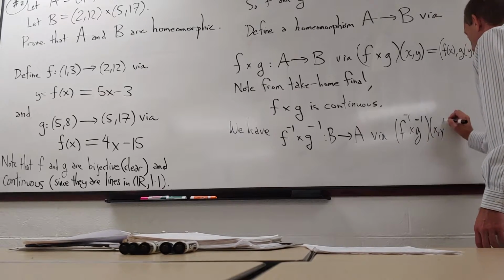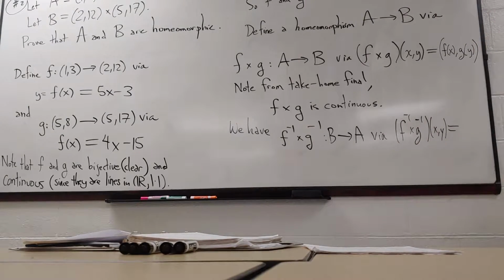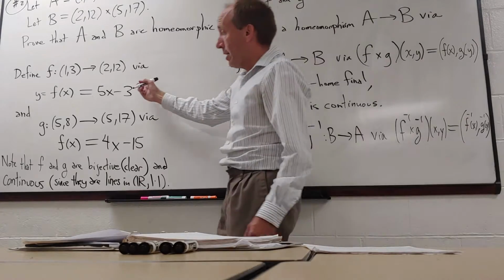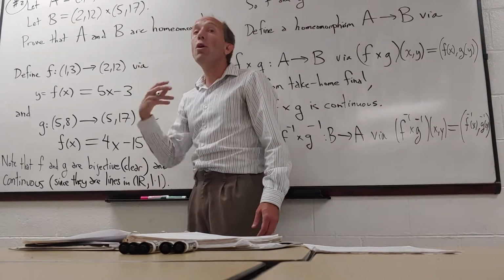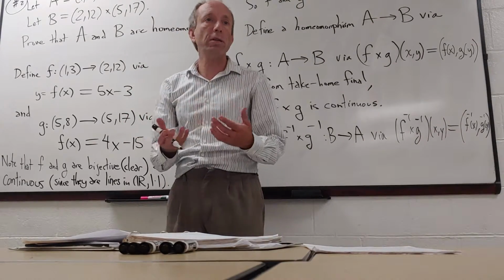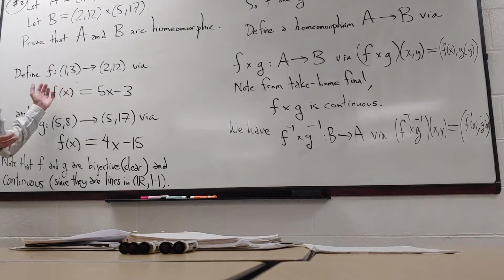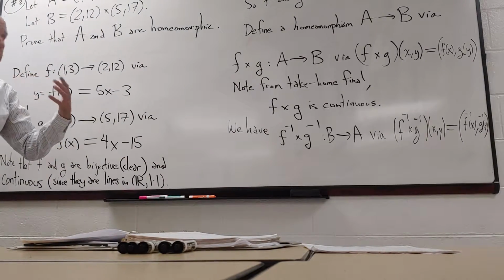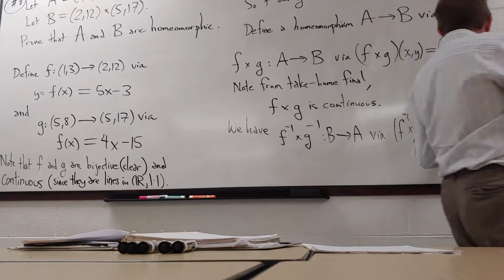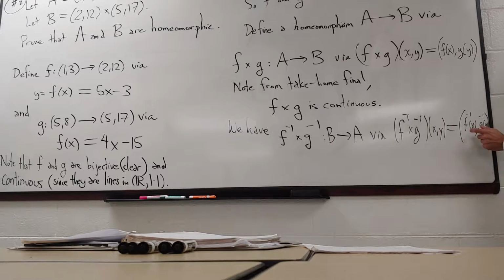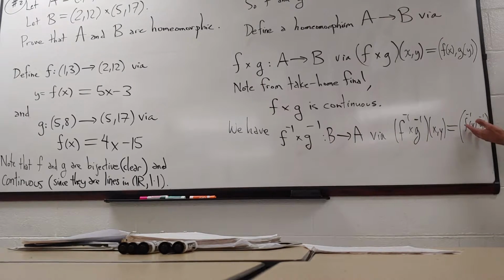X, Y equal to, what you would do here is you would just take the inverse of the X part under the F map and then the inverse of the G part under the G map. And because F and G are already bijections, we already know that F and G have inverses. We didn't actually solve for what the formulas were, but these would again just be two continuous individual functions that are bijective.